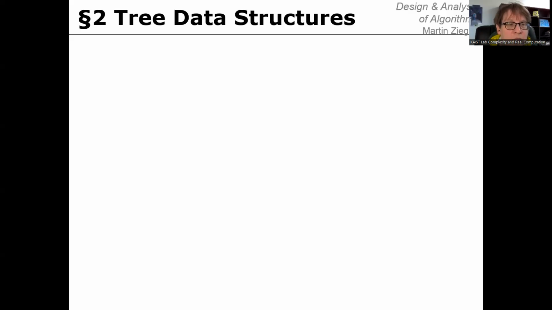But please bear with me, because the perspective we take here is the perspective of analysis. And this is kind of a preparation for the new data structures that we will then use to illustrate the amortized case analysis. So let me start by sharing the slide.